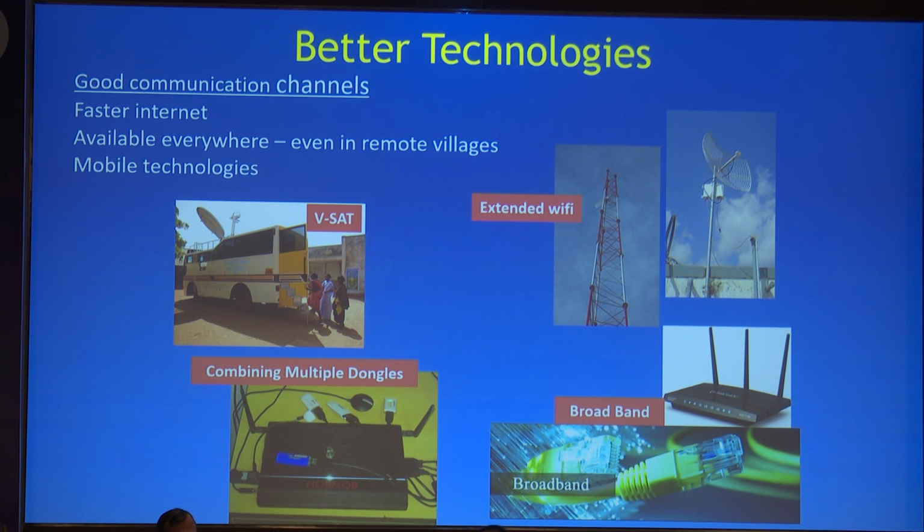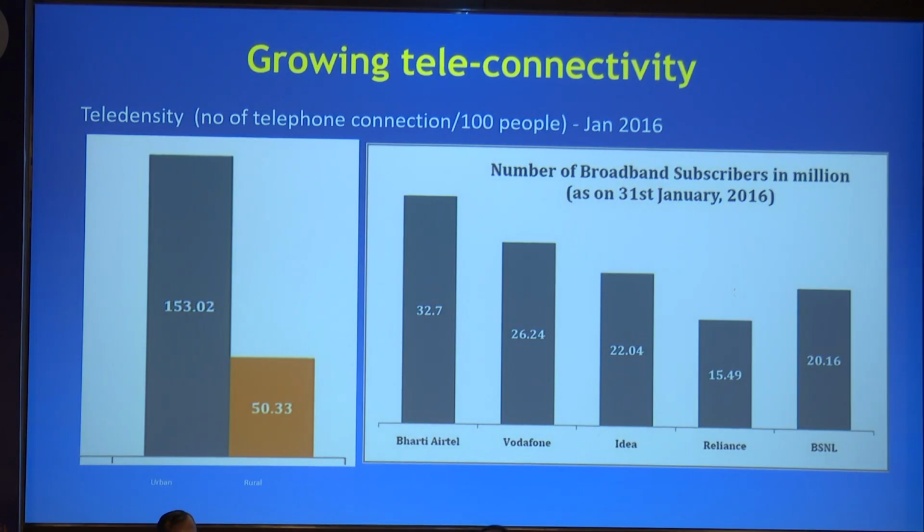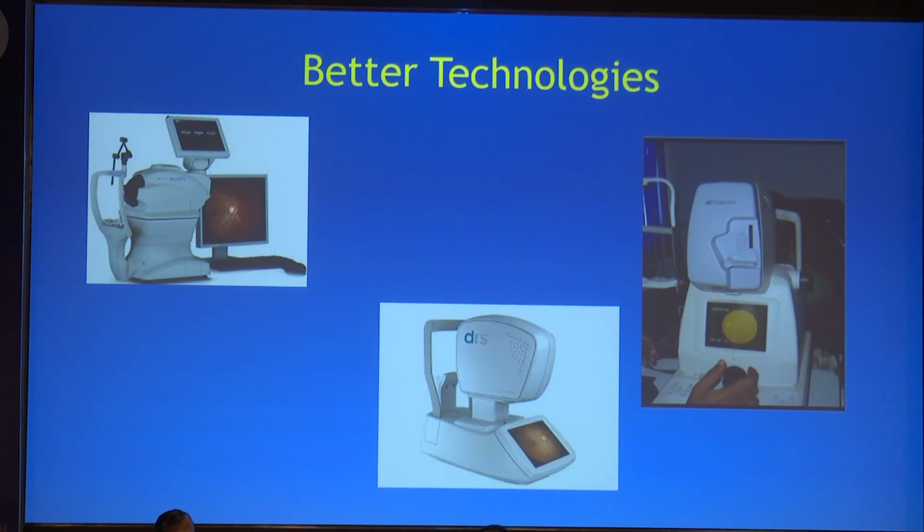So we used all possible technologies. We used an extended Wi-Fi from the University of Berkeley, where we put antennas to communicate with the different locations. Then we used these multiple dongles, and now we have broadband. So the tele-density is definitely growing in our country, and we have all the opportunity to use this technology.